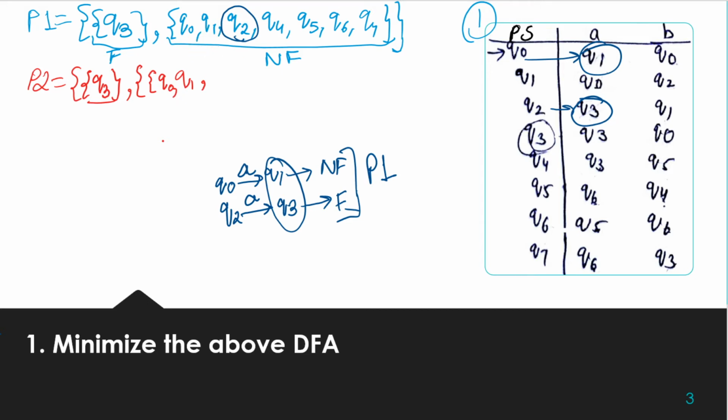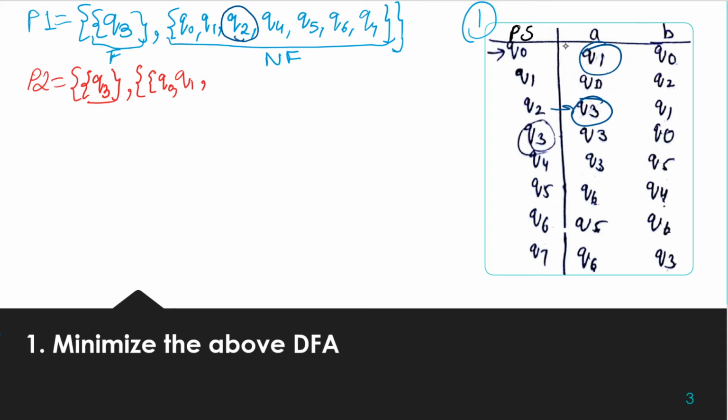So here Q2 is not placed anywhere till now, because Q2 was not compatible with Q1. Next, considering the next state as Q4. Now checking Q4 for similarity with Q0. From Q0 for input symbol A, we are moving to state Q1, and for input symbol A, from the state Q4, we are moving to state Q3.